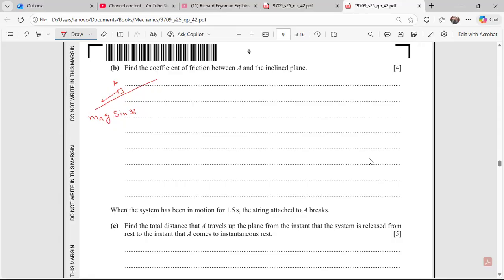Now there's another force which is resisting its motion, and that is the frictional force, right? Frictional force is mu into N. Mu is what we need to find out.